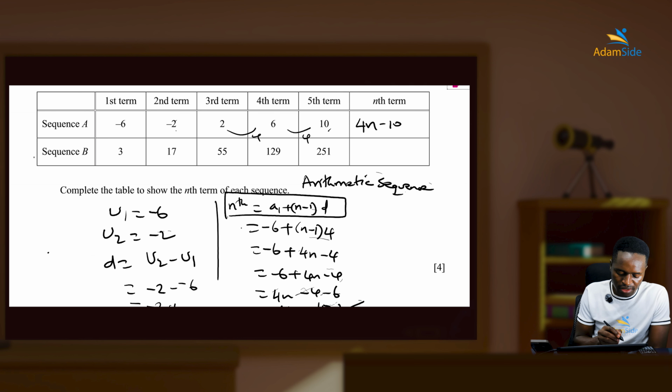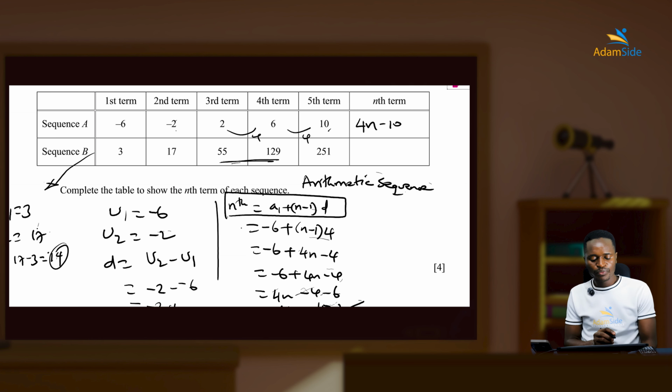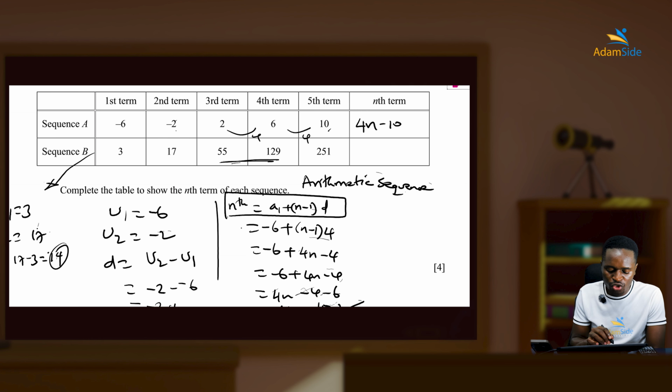In sequence B, u1 is 3 and u2 is 17, and 17 minus 3 is 14, but between the third and fourth terms there is a big change. So something has been done to n.